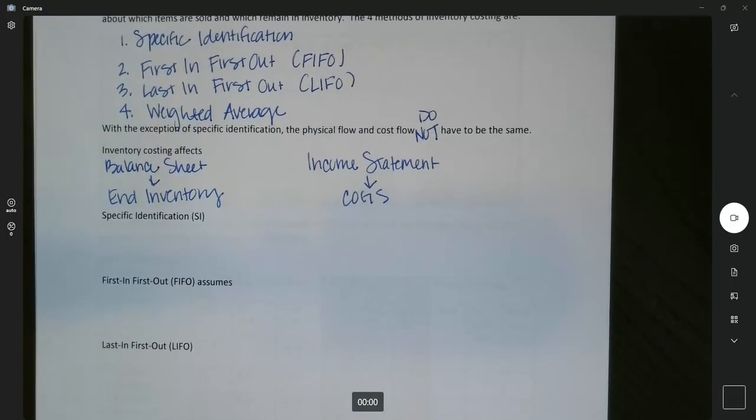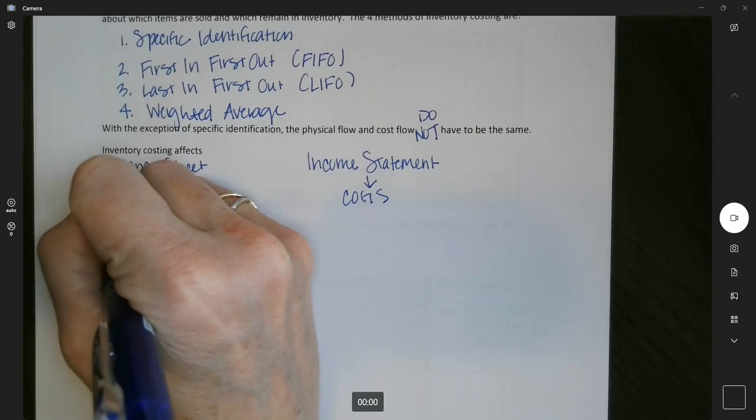Some additional notes on these: specific identification is used when each item in inventory can be matched with a specific purchase or invoice.